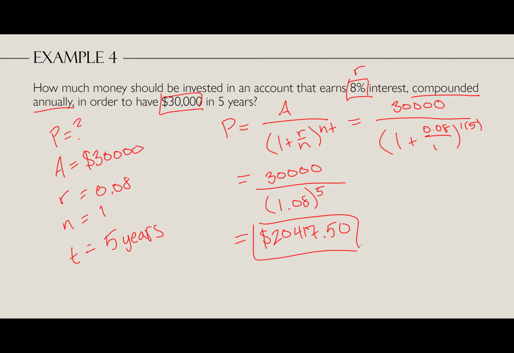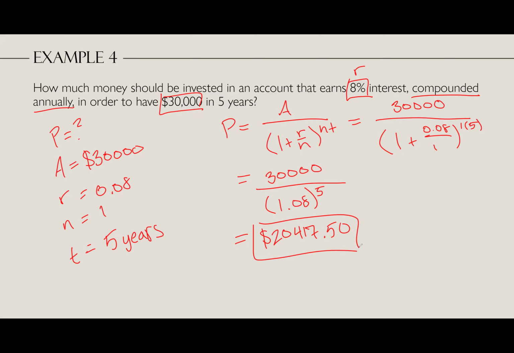This means that if I want to have $30,000 after 5 years, right now I need to invest $20,417.50. So again, in this example 4, we're not asking how much is it going to be worth. We're asking how much do I need right now to get to my goal in 5 years.